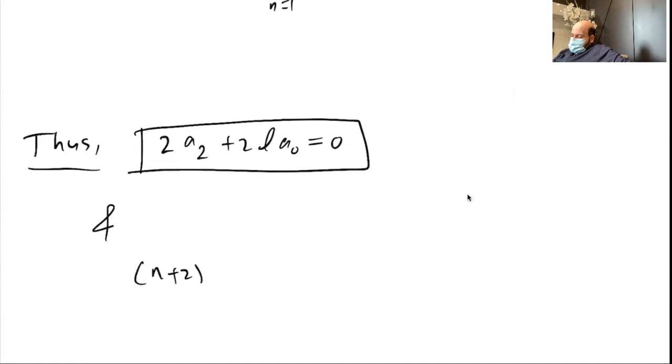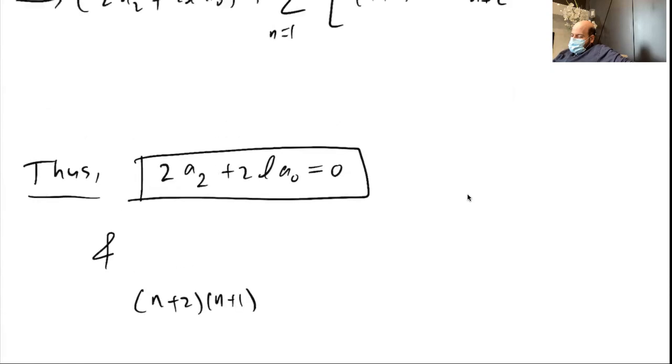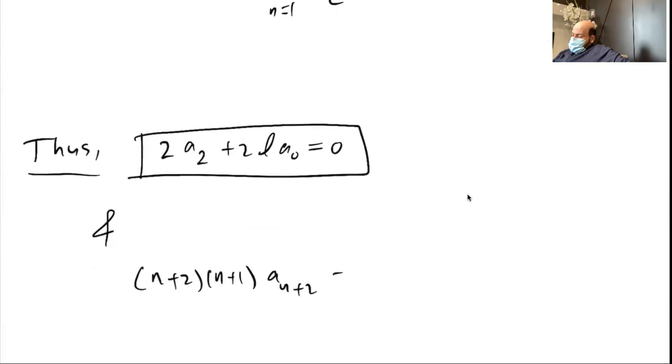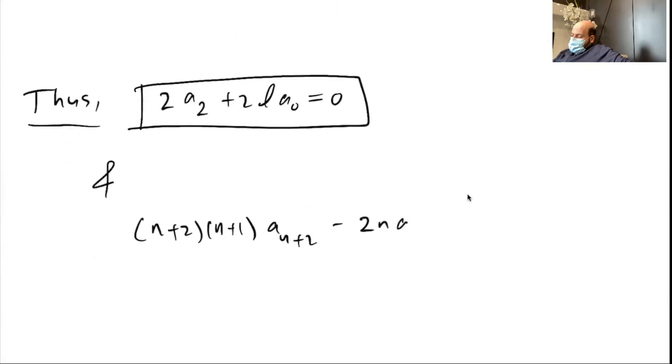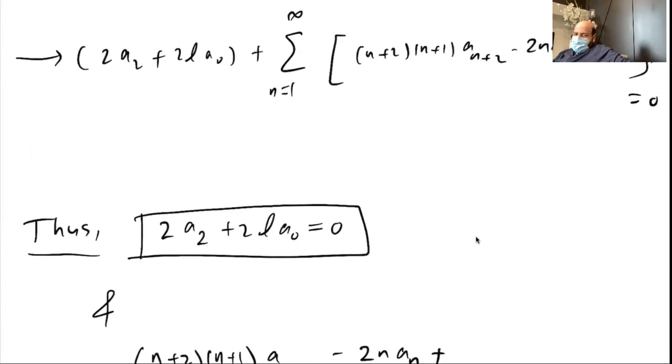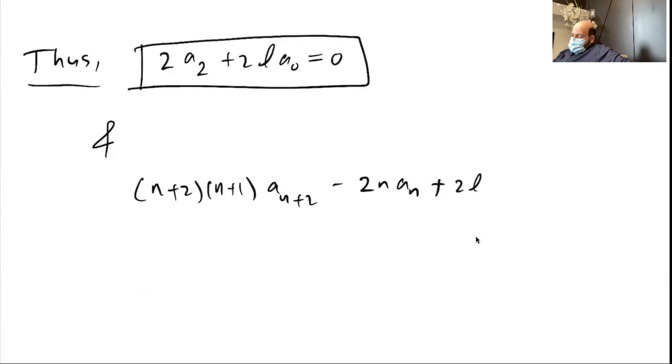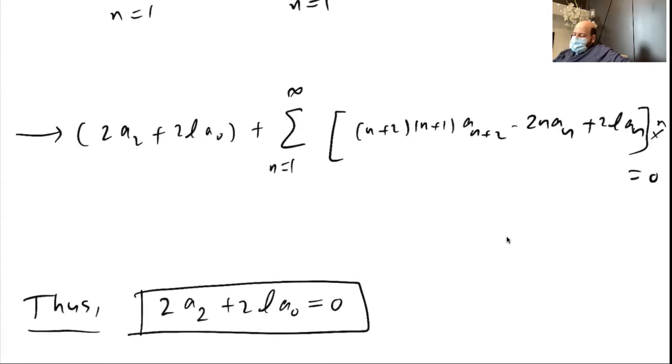So n plus 2 times n plus 1, a n plus 2, minus 2n a n, plus 2l a n, equals 0. This should be valid for n bigger than or equal to 1, because the sigma here starts with 1.